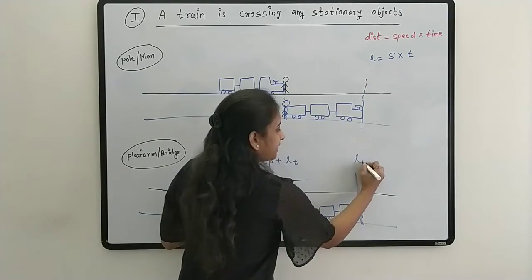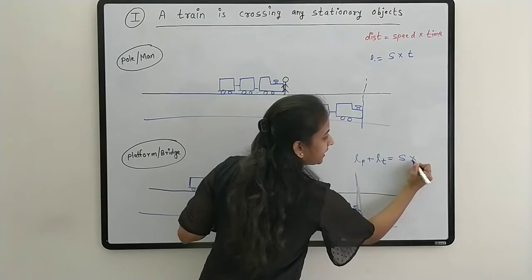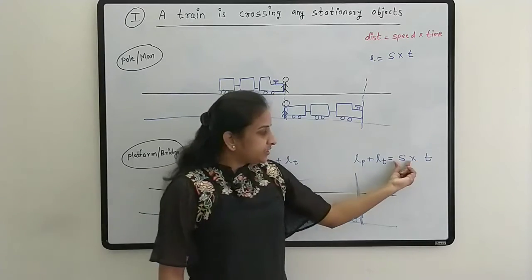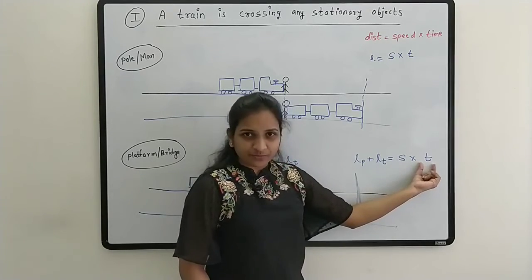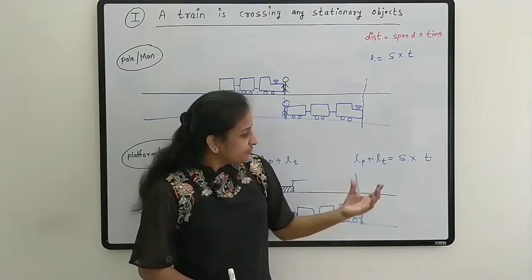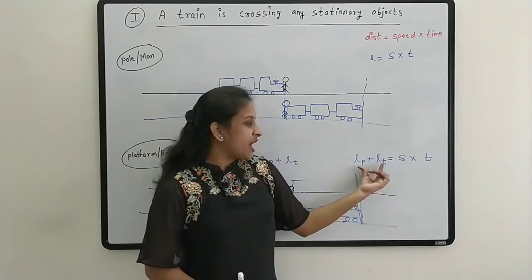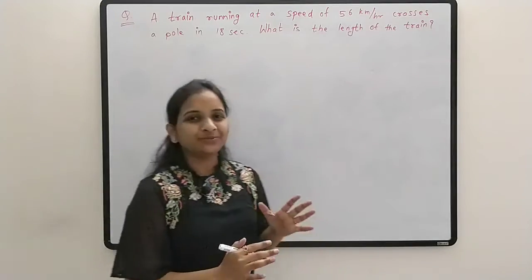So LP, length of the platform plus length of the train, is equal to speed into time, speed of the train into time taken by the train to cross the platform. Out of these variables, in the question you will get 3 variable values and you have to find the value of the fourth one. Now let's solve a few problems together.